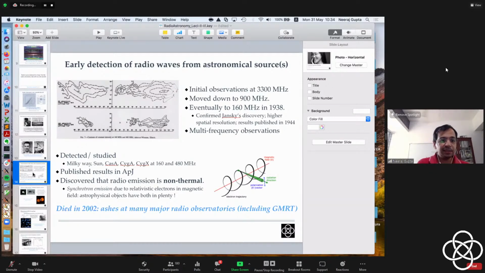And since then, radio astronomy has produced some of the most fundamental discoveries in the field of astronomy, and that have influenced and altered our view of the universe at that time. And so let's look at some of them before we jump into techniques of how radio astronomy is done.